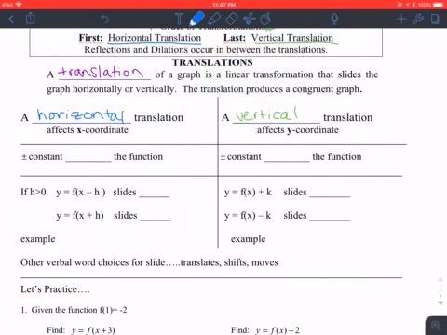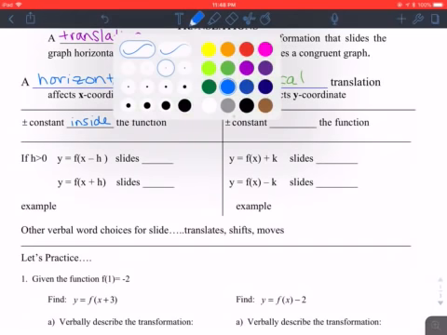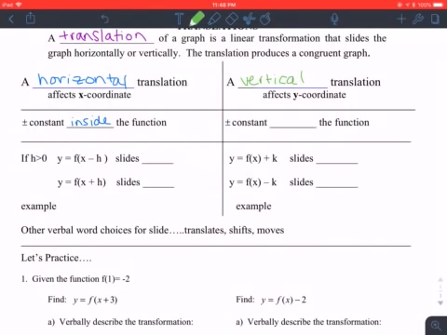We get a horizontal translation when we add or subtract a constant inside the function, and a vertical translation when we add or subtract a constant outside the function.